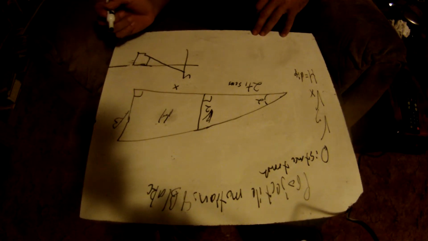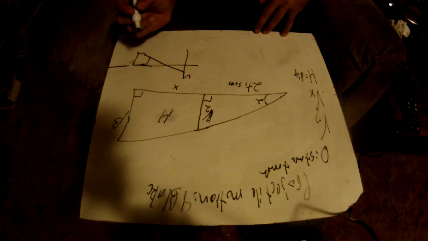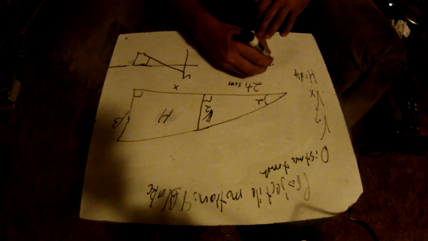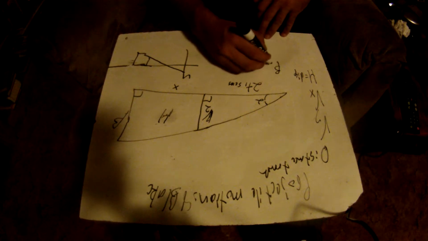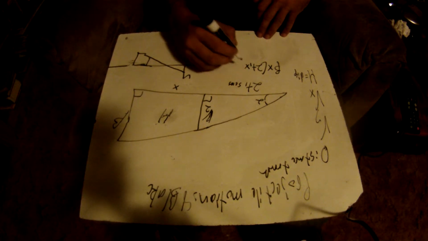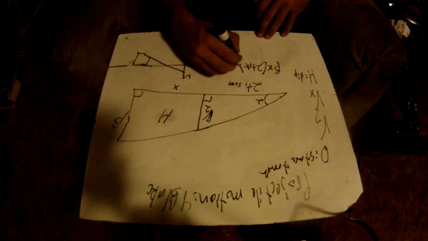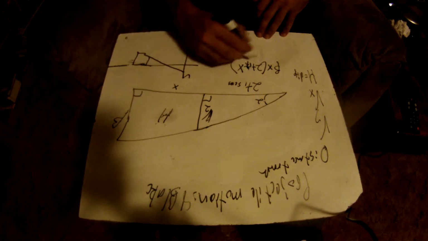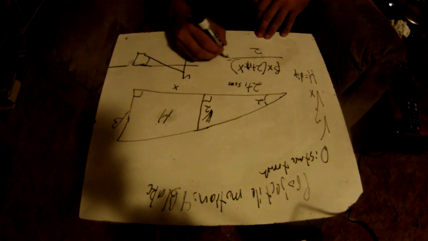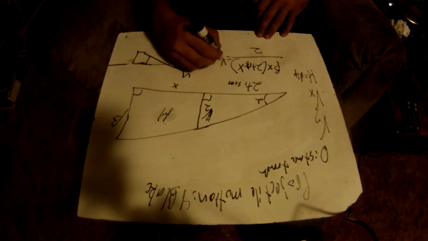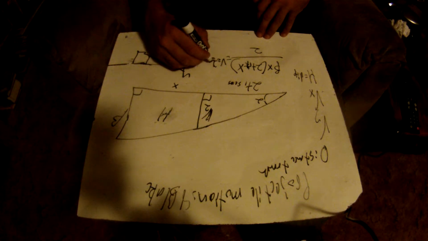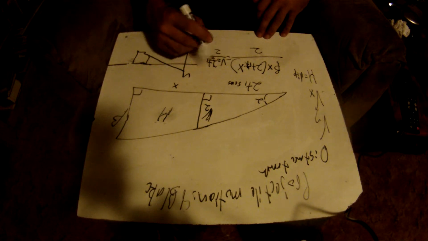You can do another equation where you say the area of the whole thing would be beta times 2t1, in other words, this side times this side divided by 2, equals the area of this one and this one.